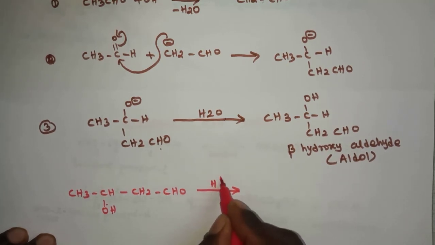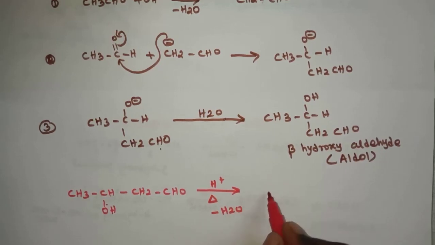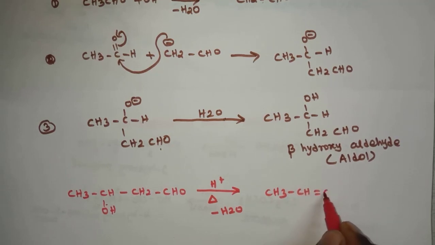That means a water molecule is eliminated from aldol, so CH3CH double bond CHCHO. The name of this compound is crotonaldehyde.